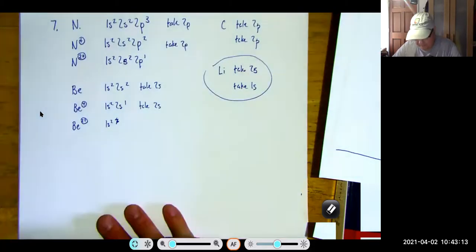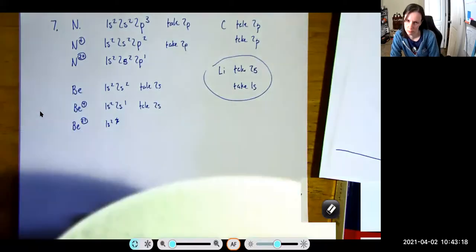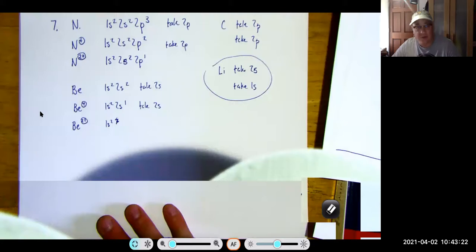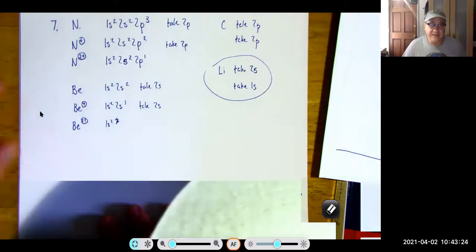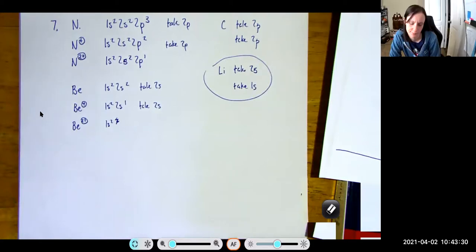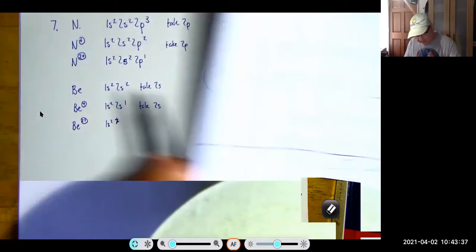That's the easiest to explain. Well, you say you're taking them from different shells, but you want to add a little more. You want to say that lower shells are more stable, which means the electrons are harder to take.